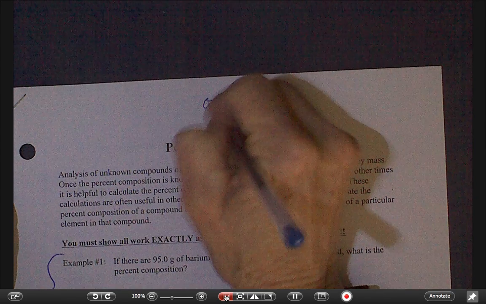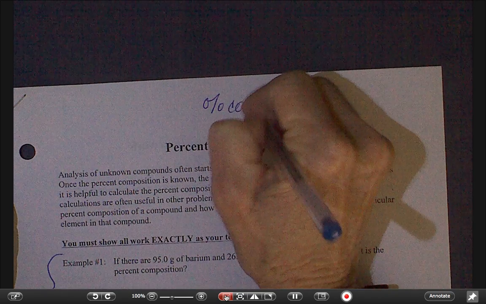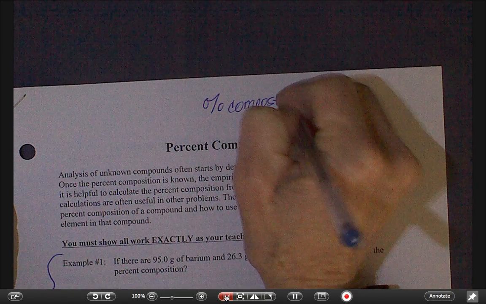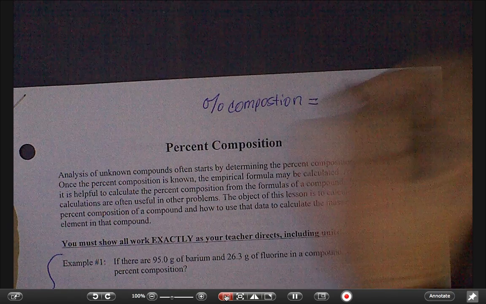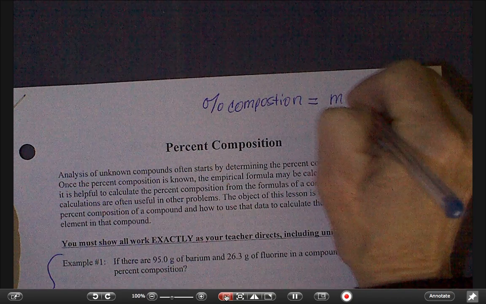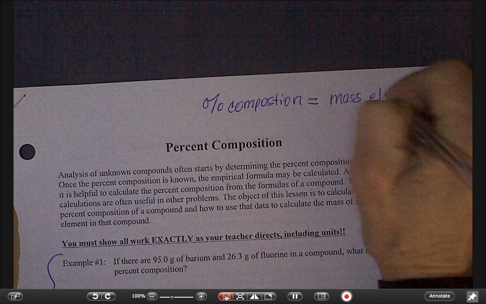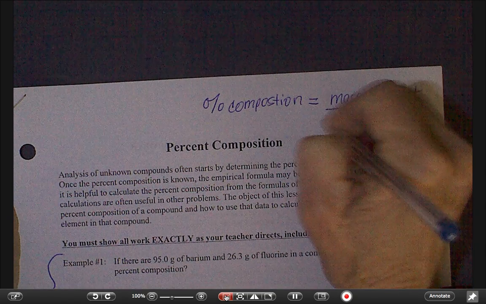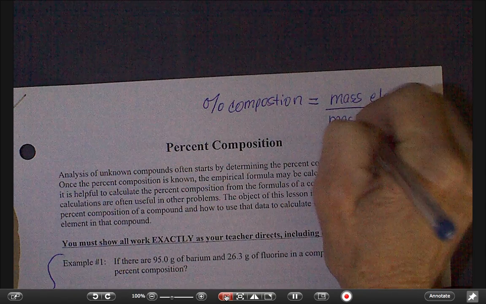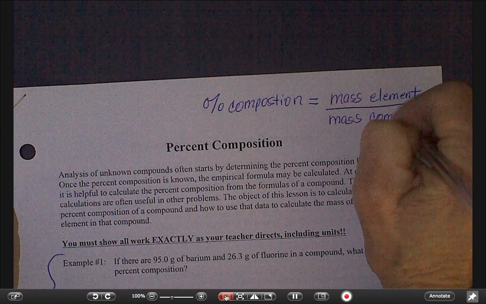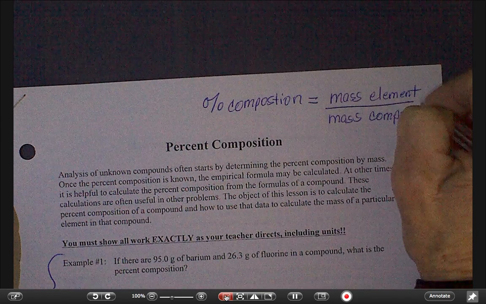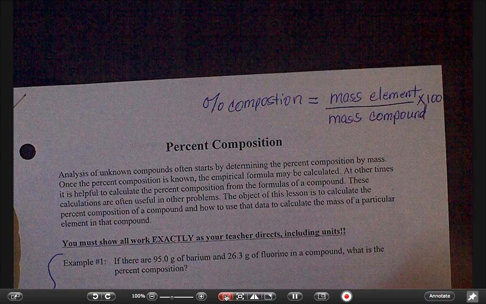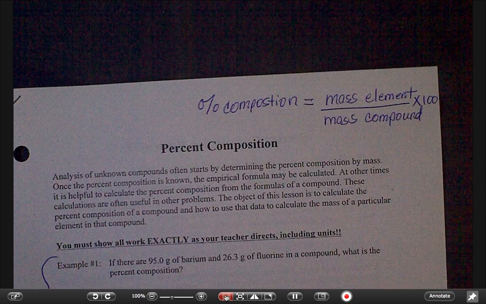Percent composition equals mass of the element divided by the mass of the compound times 100 for your percent. Okay?